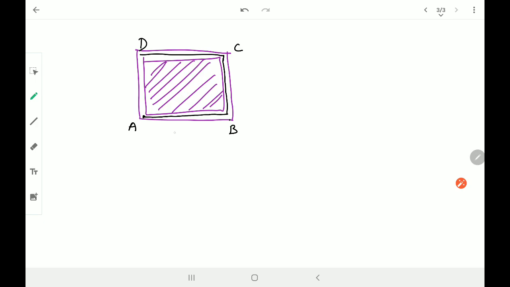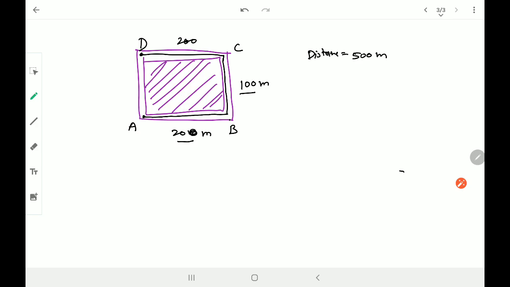This garden's dimensions are 200 meter and 100 meter. So it was at A and now it is at D. What is the distance covered by that particular fellow? It is 200 plus 100 plus 200, so it is going to be 500 meter.